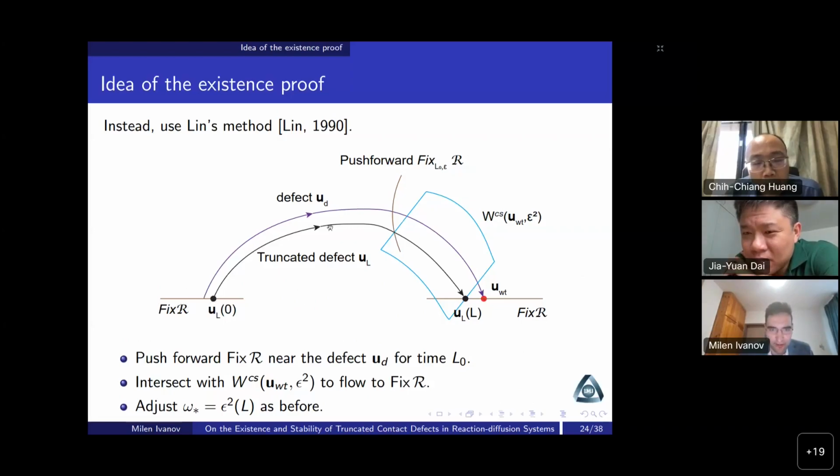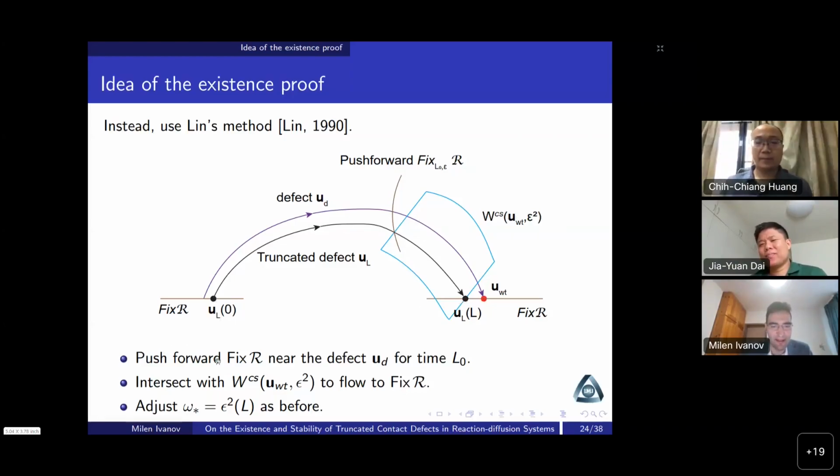I can push this forward, up to this curve over here, and in here I can intersect with the center stable manifold of the wave train. When I do, I can move up to here, hit the center stable manifold, and converge to Fix of R yet again. In principle, that's what happens geometrically.